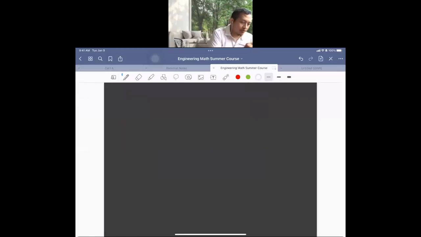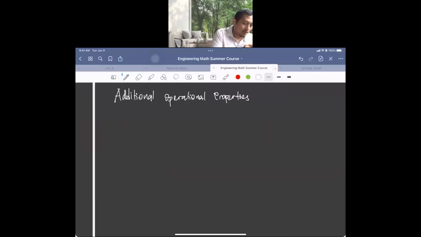Okay, so for additional operational properties, it should be in the morning session, but I forgot to mention. But let me just start with if we have Laplace.